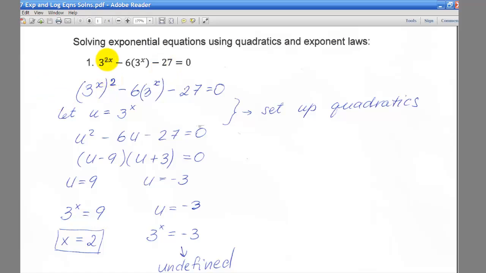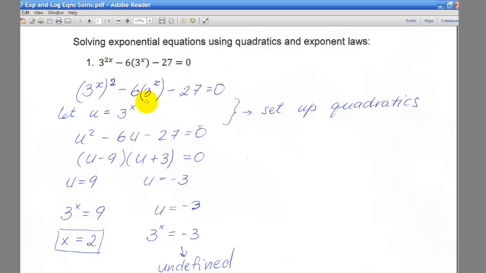When we have 3 to the power of 2x, we need to think how we got that 2x. We brought 3 to the power of x to the power of 2, because we only multiply exponents when we apply the power of a power rule. So power of a power, right? 3 to the power of x to the power of 2.